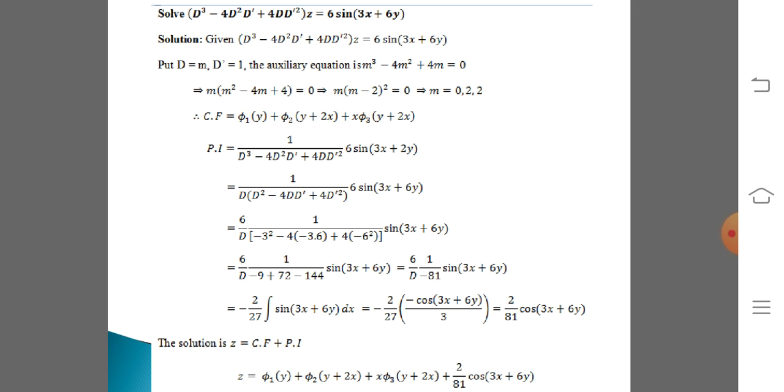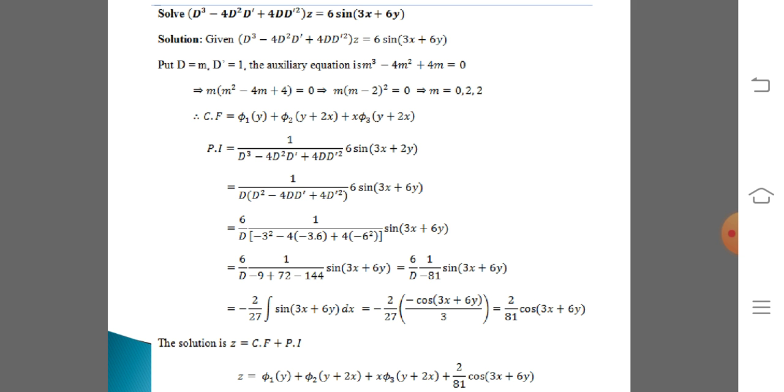Next, let us take a particular integral. So, Pi is given by 1 by d cube minus 4d square d dash plus 4d d dash square into 6 sine of 3x plus 6y. So, here the function is of the type sine of ax plus by, where a equal to 3 and b equal to 6.